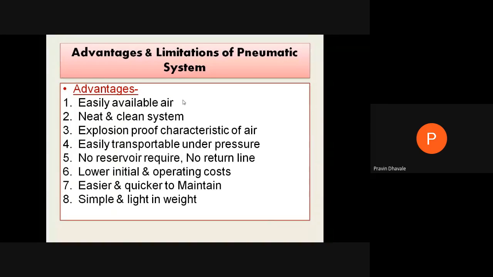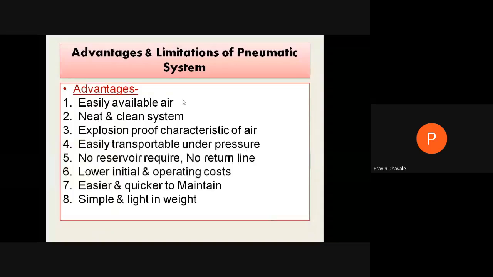Next advantage is related to cost. The initial and operating cost will be low. Pneumatic systems have lower initial as well as operating cost. Pneumatic systems are also easier and quicker to maintain.